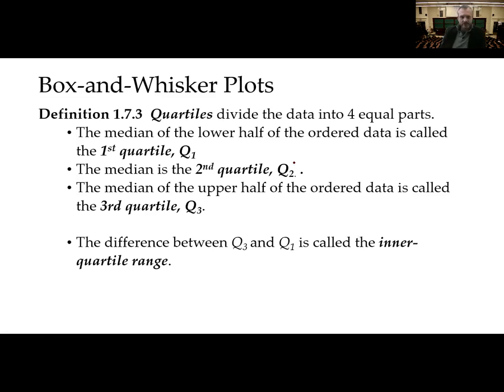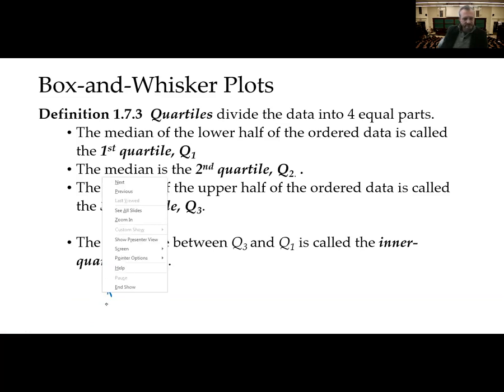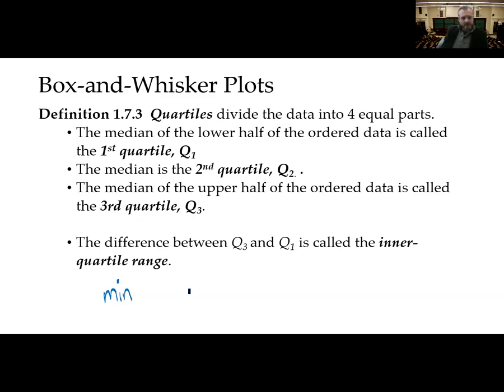Let me show you why it's called quartiles. If you have a minimum, say here, and you have then Q1 here, and then you have, say, Q2, maybe here, say Q3 is here, and maybe our maximum is out here.